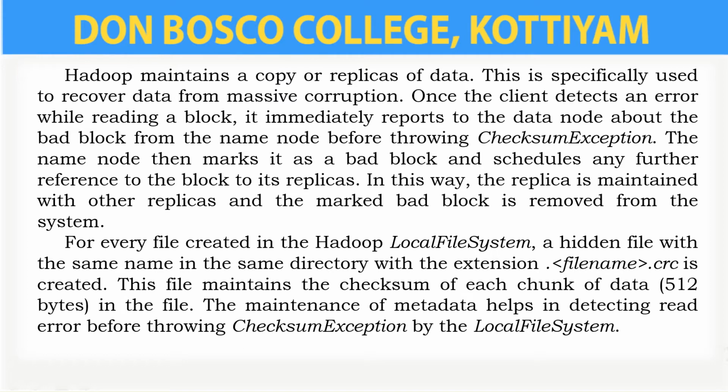The name node marks the block replica as corrupt so that it does not direct any more clients to it or try to copy this replica to another data node. It then schedules a copy of the block to be replicated on another data node, so its replication factor is back at the expected level. Once this happens, the corrupt replica is deleted.